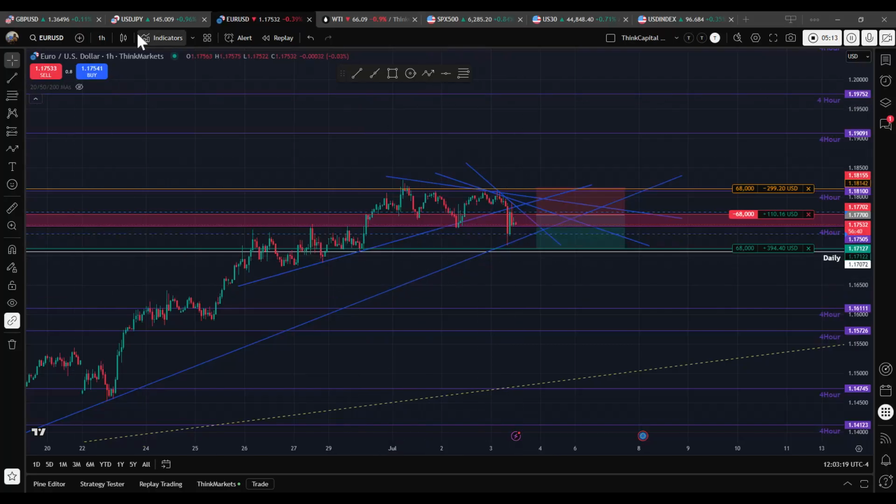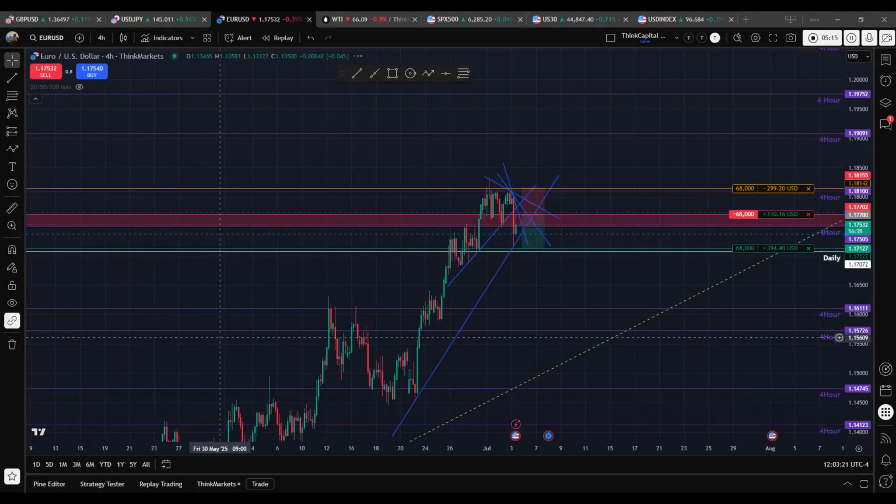So this is basically my analysis on Euro USD, and what I'm expecting to see on 4 hour is basically this. And if we break below this daily line, this white line, we will probably go down.